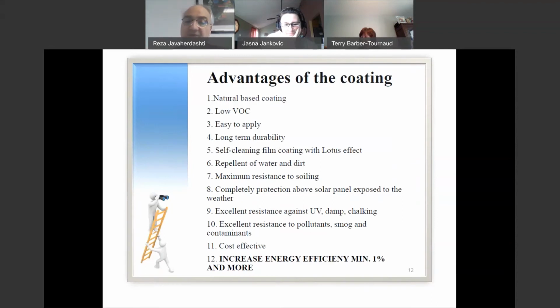With this coating, we will see that it has a lot of positive points, such as resistance against UV and also dust collection. And because it doesn't allow formation of water, it doesn't allow bacterial adhesion, and it is also cost effective.